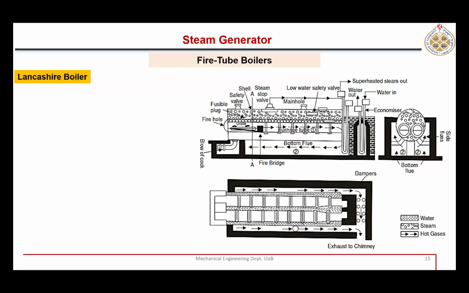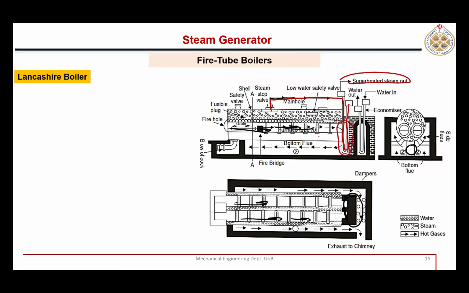So here are the hot gases going through those horizontal tubes. Towards the end, before it goes to the bottom, here is the superheater. This steam which is leaving from the top of the main shell goes into these superheater tubes, right? So we can get this superheated steam.